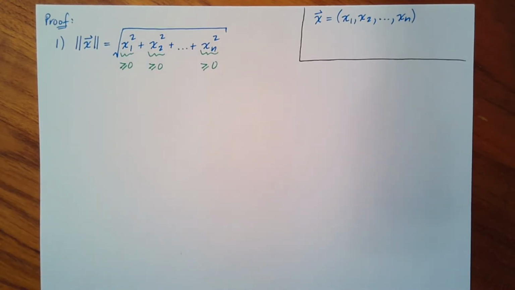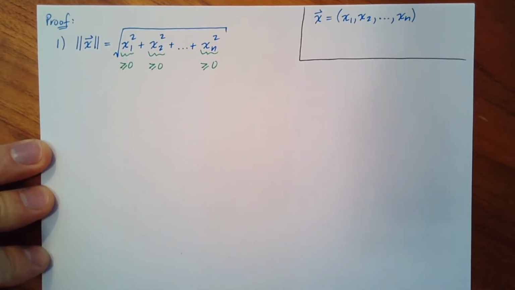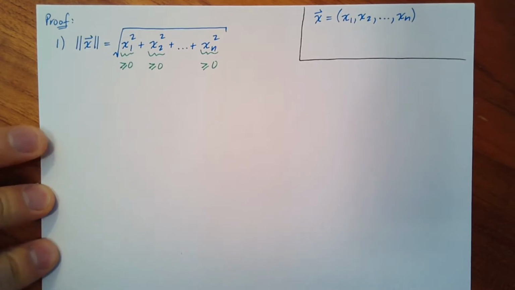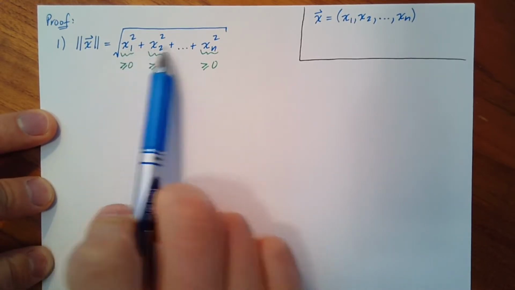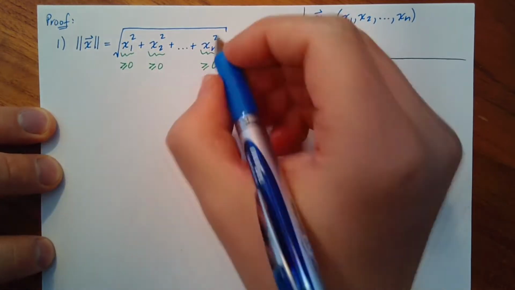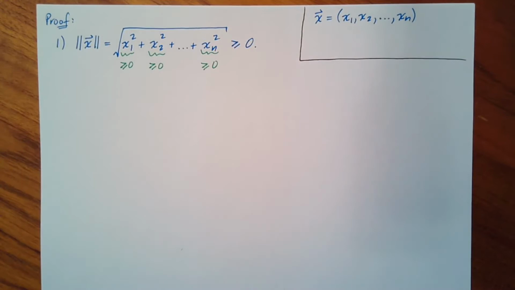But how do we know that it's always greater than or equal to 0? Because that's the definition of a square root, right? The square root, by definition, is always greater than or equal to 0 as long as it's defined, which it is guaranteed to be because of all the terms being greater than or equal to 0. So that's why we can say that this is greater than or equal to 0. There's not a lot to write down there. It's more just observing the way the formula is built. That's why it's guaranteed to be greater than or equal to 0.